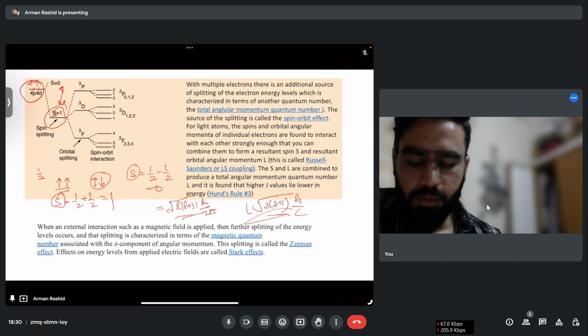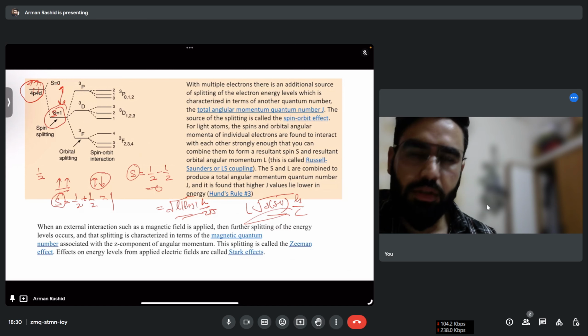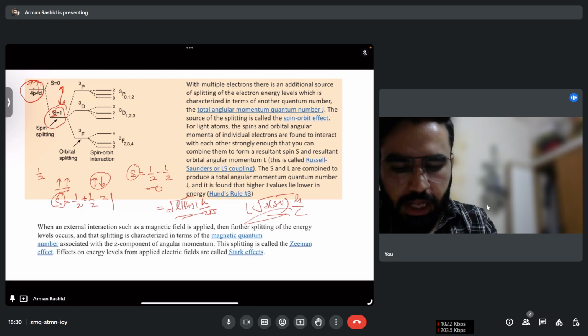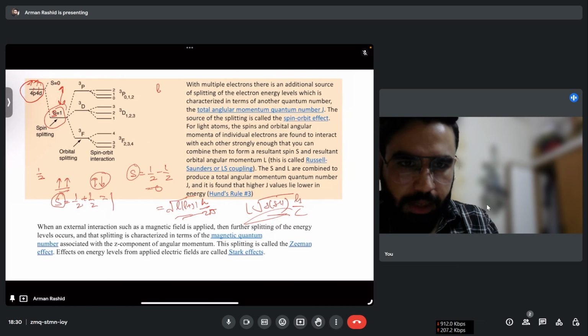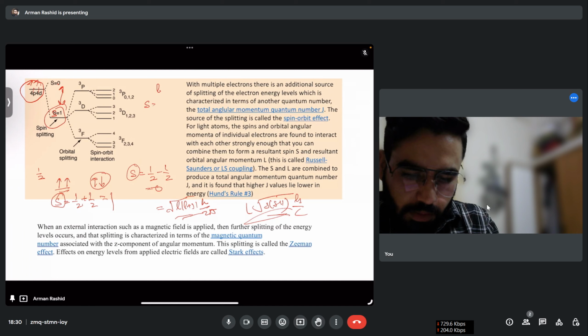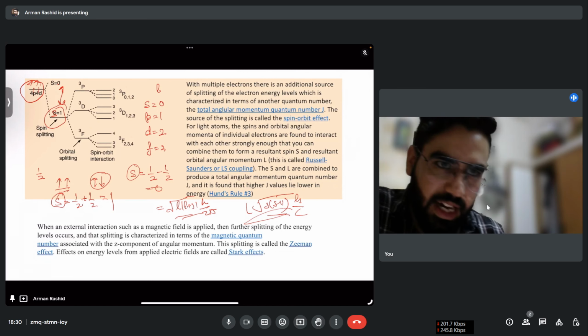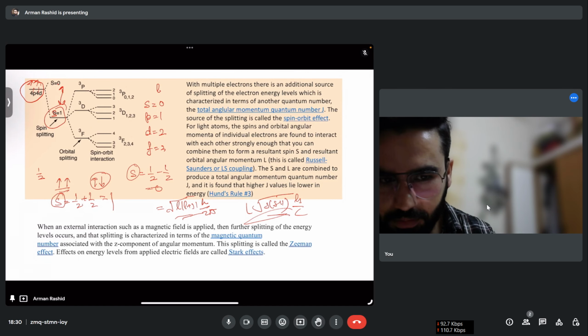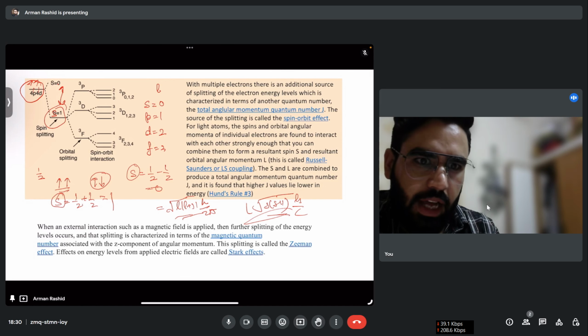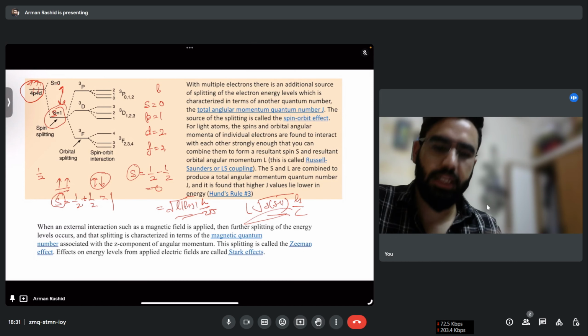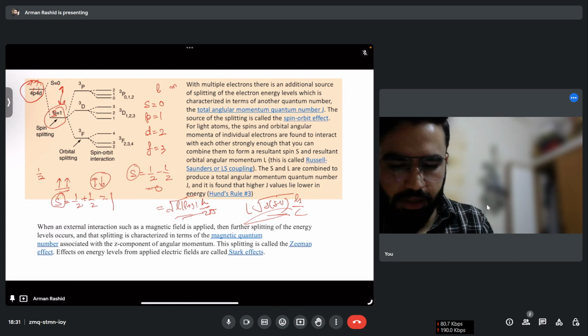Now we have another thing, the orbital angular momentum. For orbital angular momentum L, for S orbital it is 0, for P it is 1, for D it is 2, for F it is 3, that we know. Inside that L we will have different ml, also called mz.